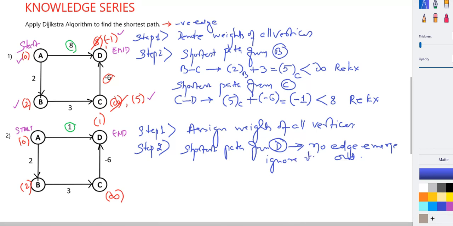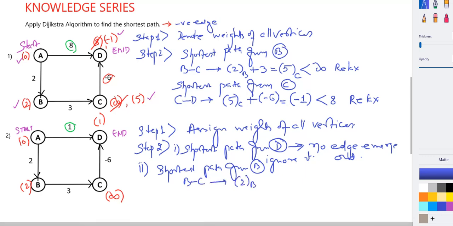Now next, we find that B is the shortest path. So from B, we will look for the path between B and C. So we will say B to C. So B to C is what?